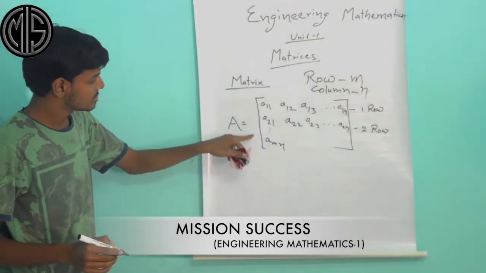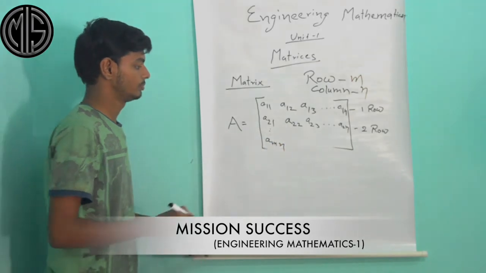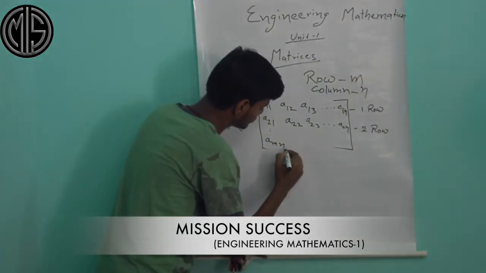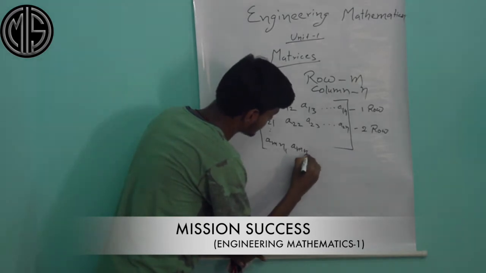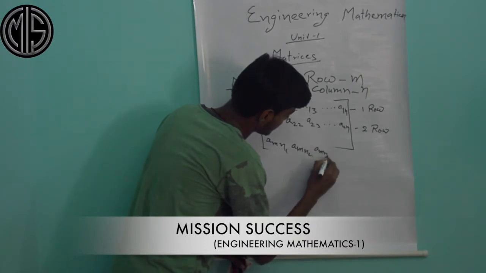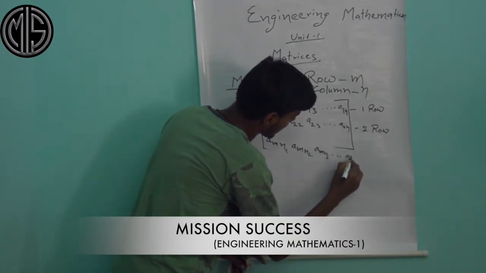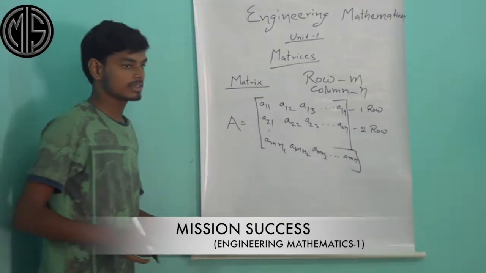This is m row and n column. Am1, Am2, Am3, like that, Amn. Okay?